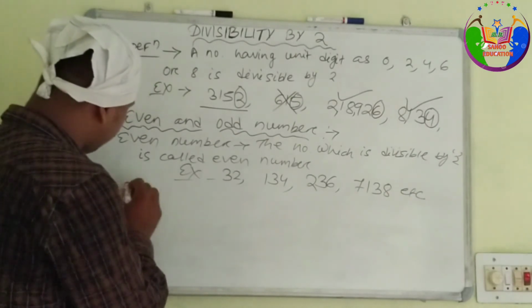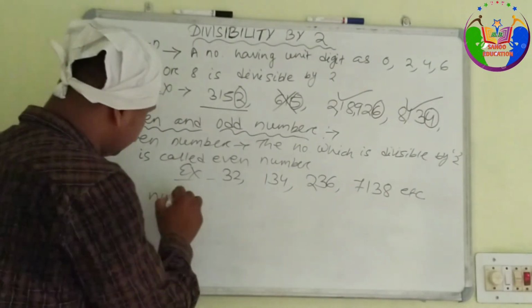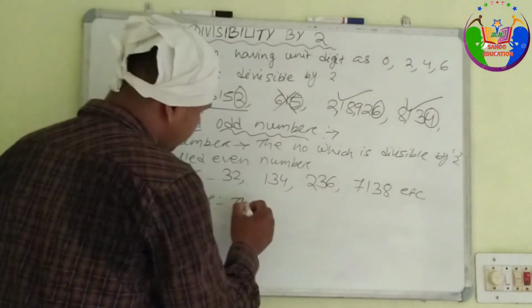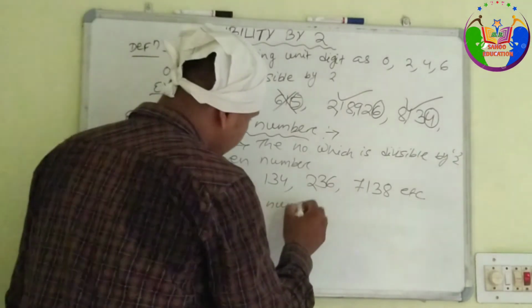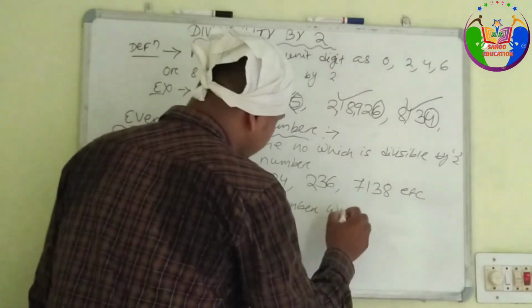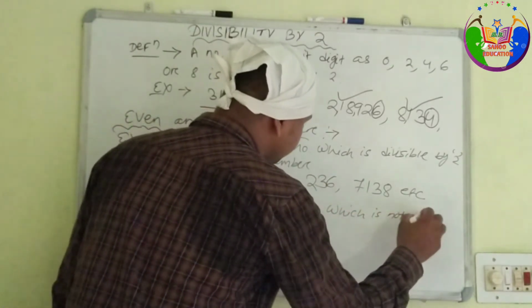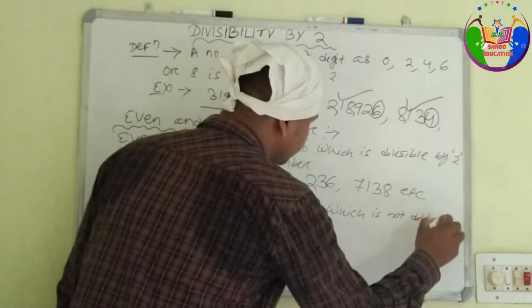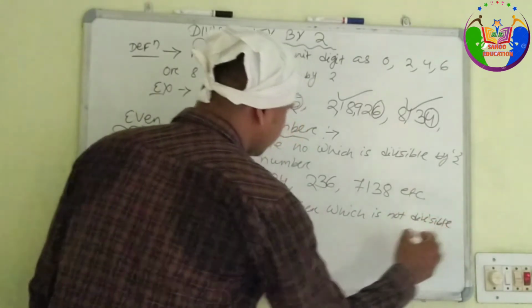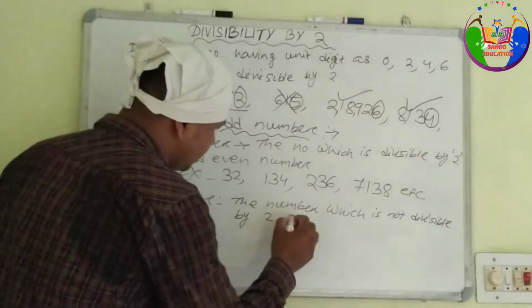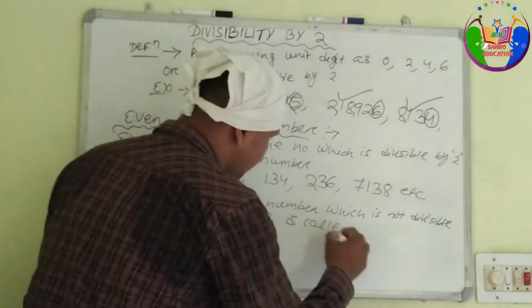Similarly, we will know odd numbers. That is, the number which is not divisible by 2 is called an odd number.